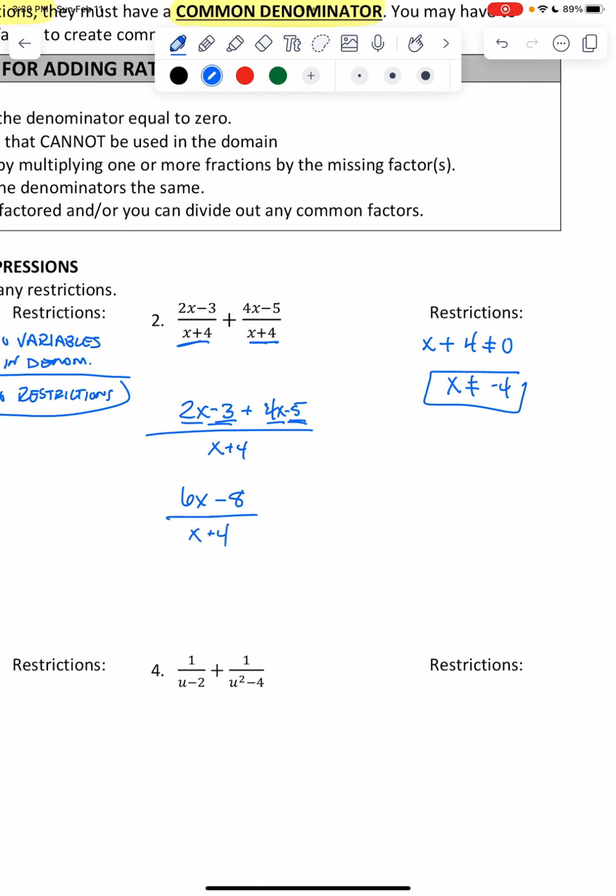And then once we've added, we look to see if we can factor the numerator at all, which in this case we can a little bit. There's a GCF here of 2. So if we factor out a 2, we get 2 times 3x minus 4 over x plus 4, and there's nothing we can cancel out there. So that's it, we're done.